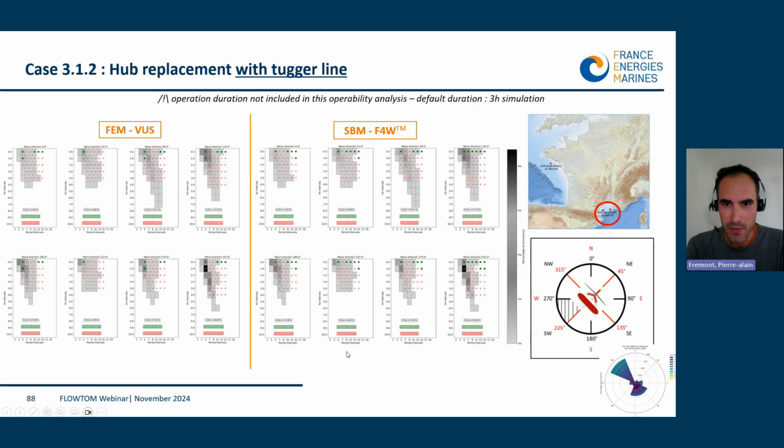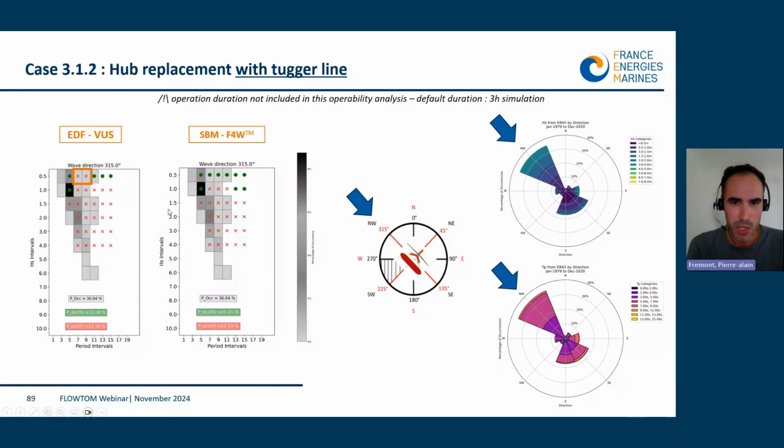You can see, for instance, for the northwest direction, that the case with the background in dark, which is the most probable case, is a success for both floaters. If we compare both floaters, in that case there is a better success for the TLP for the periods at 7 and 9 seconds, which are managed for small waves in that case for the TLP.